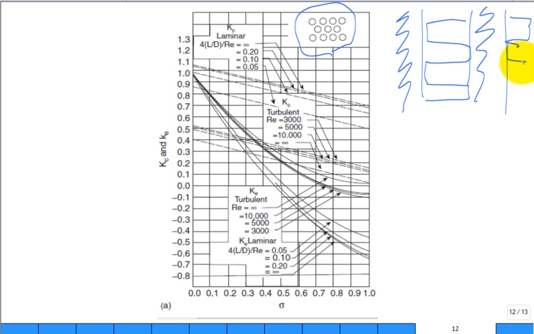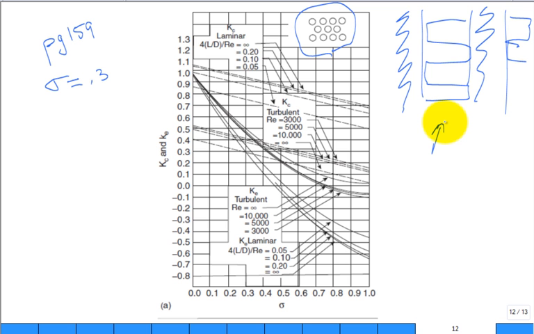How many people have their textbook? All right. It's on page 159 of the textbook. We have sigma for the fluid in channel 1 equal to 0.29, let's round it off to 30%. And we're doing that configuration, so that configuration is in the lower left corner of those 4 plots.